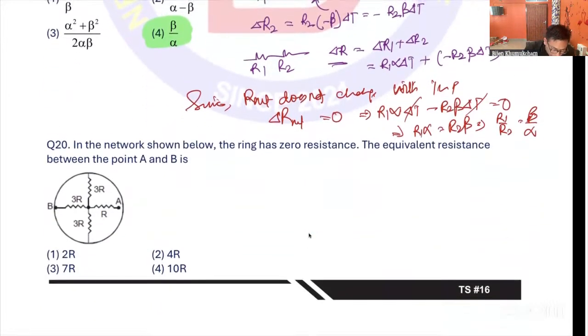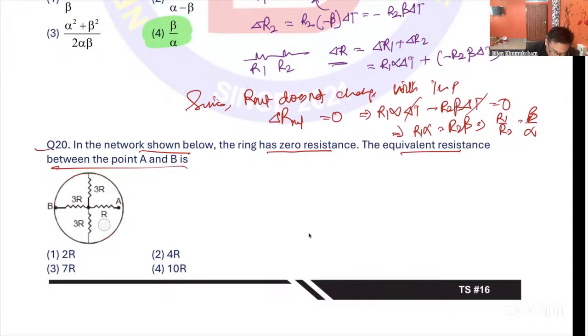Question number 20. In the network shown below, the ring has zero resistance. I think it's simply a wire, just a copper wire. The equivalent resistance between point A and B is? Let's name the junctions.